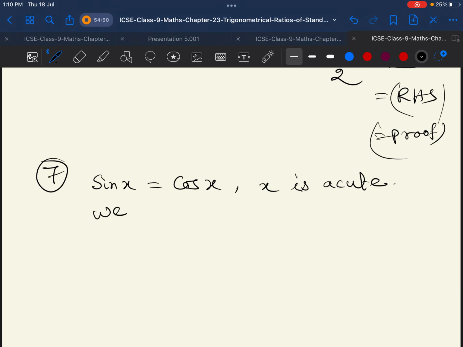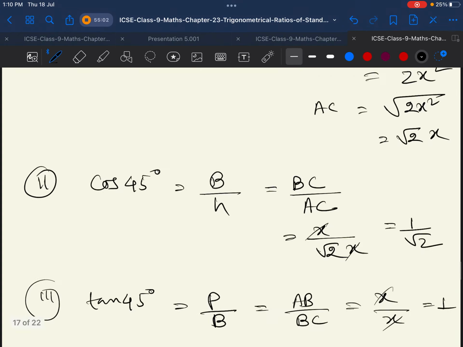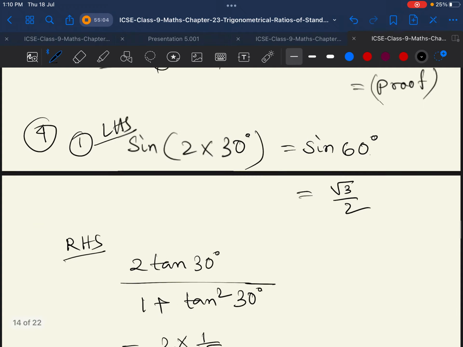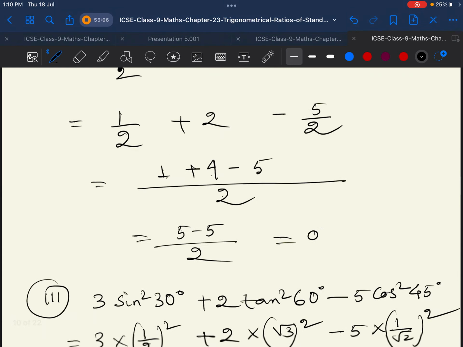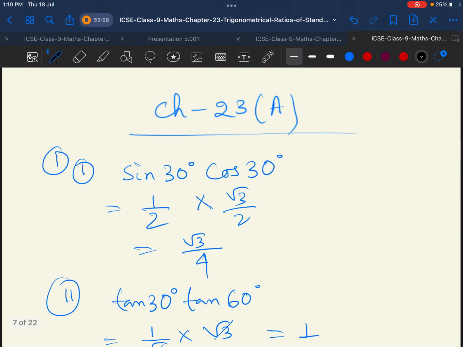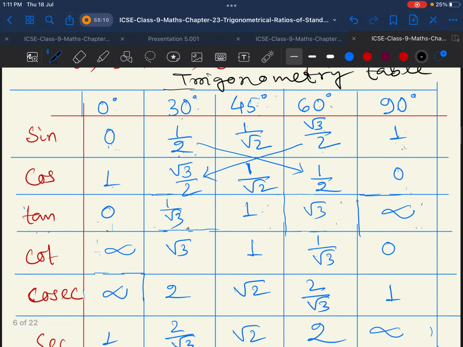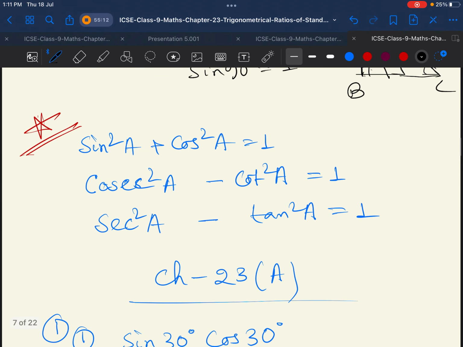So here we know that sin square x plus cos square x equals 1.